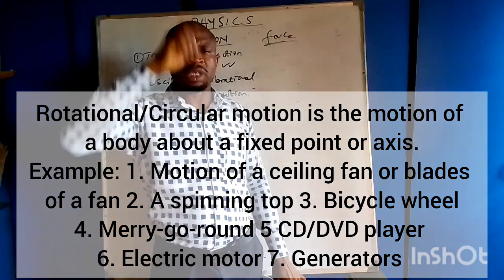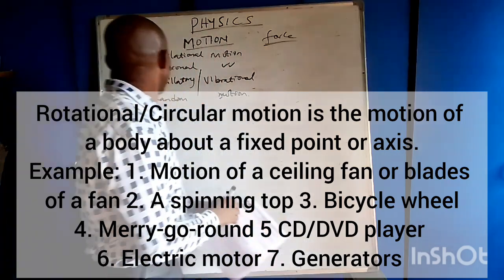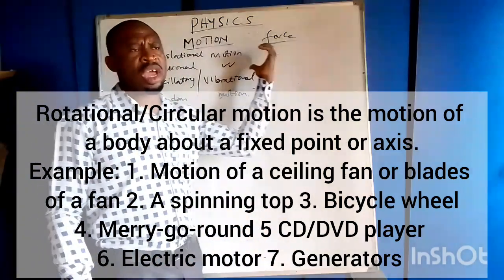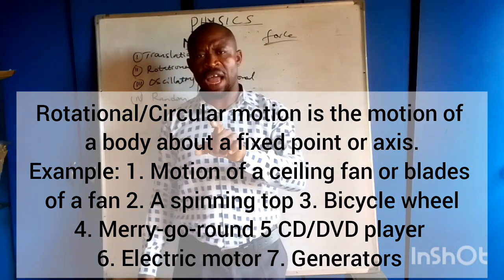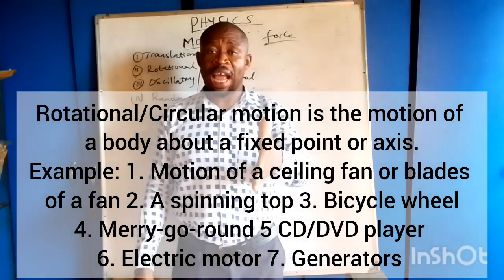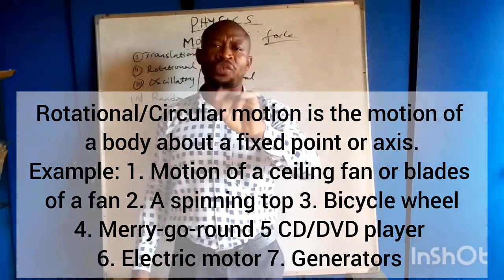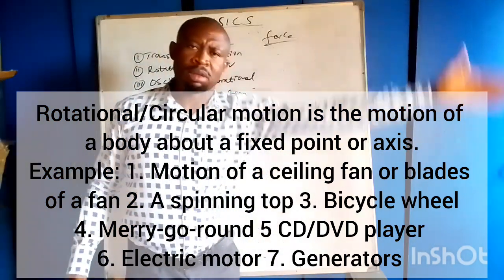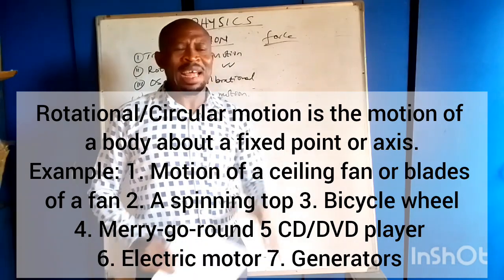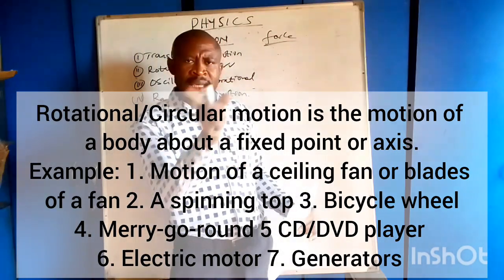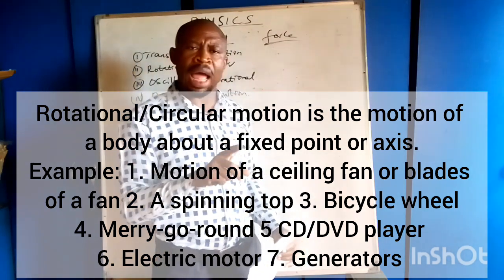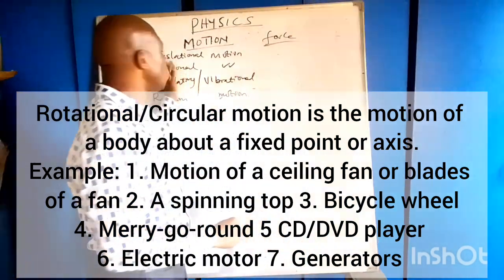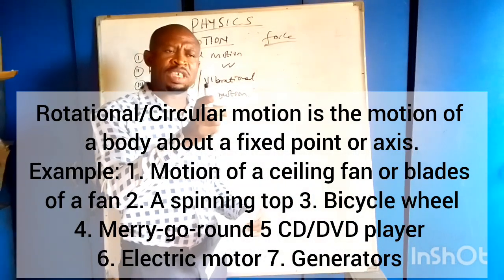It must have a fixed point. Another example we can have here is the motion of the tire of a car. Remember, the motion of a car and the motion of a tire are two different things. The motion of a car in a straight line is translational. The motion of the wheel of that car is rotational because it has a fixed point.